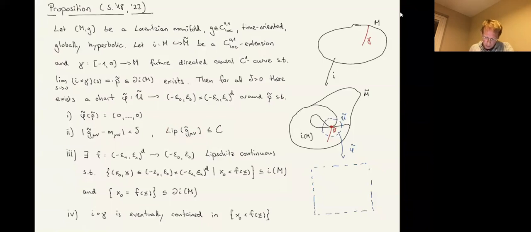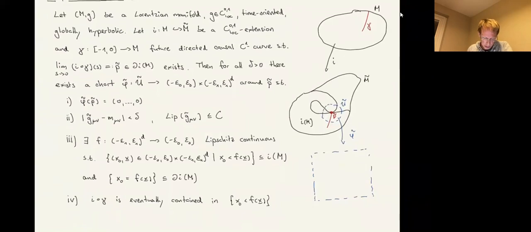And now the important bit, the non-trivial bit, is that there exists a Lipschitz continuous function f, such that when I look at the graph of f, that is a Lipschitz graph. Here, this is the curve gamma.